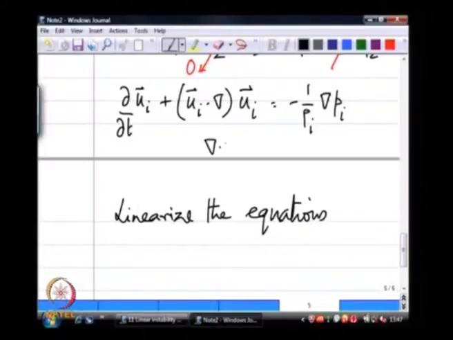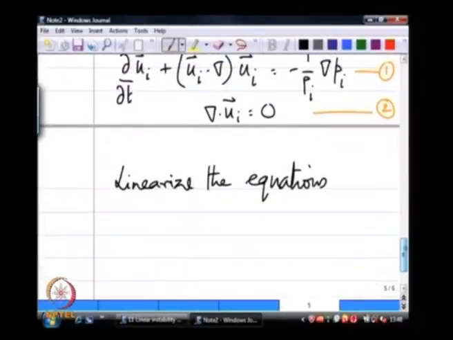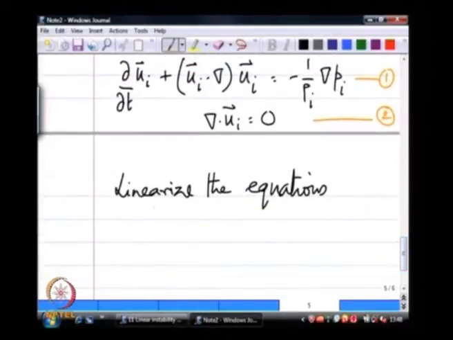Of course, I have the continuity equation that says del dot u equal to 0. Forgot to write that down. So, let us start numbering these. I am only starting with the perturbation quantities as my starting point on the equations.